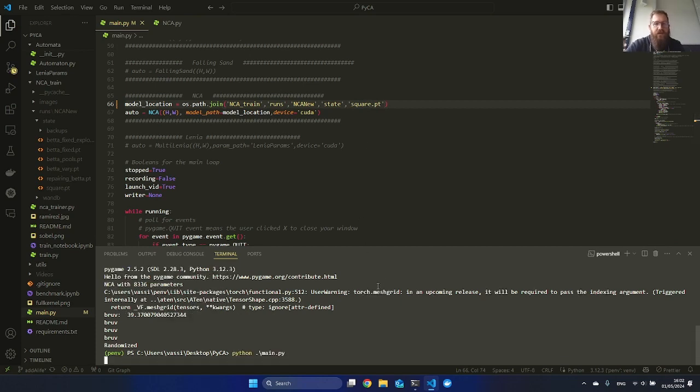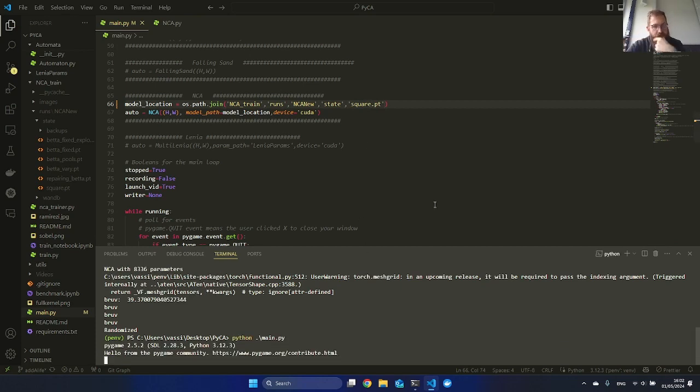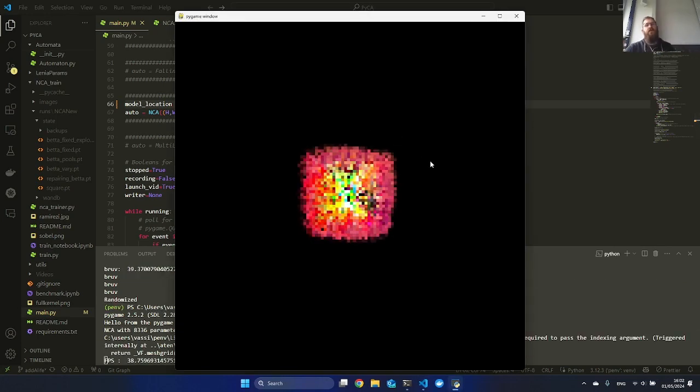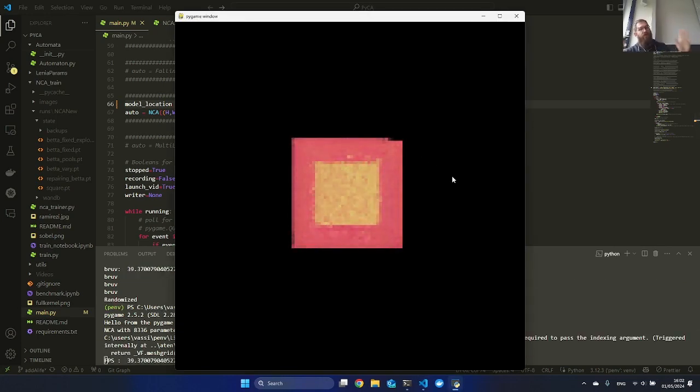So here is the result. Right, so it manages to grow into the square, no problem, and to uniformize. But once it's uniform, it can recover from small perturbations. So it has learned to do that at least.